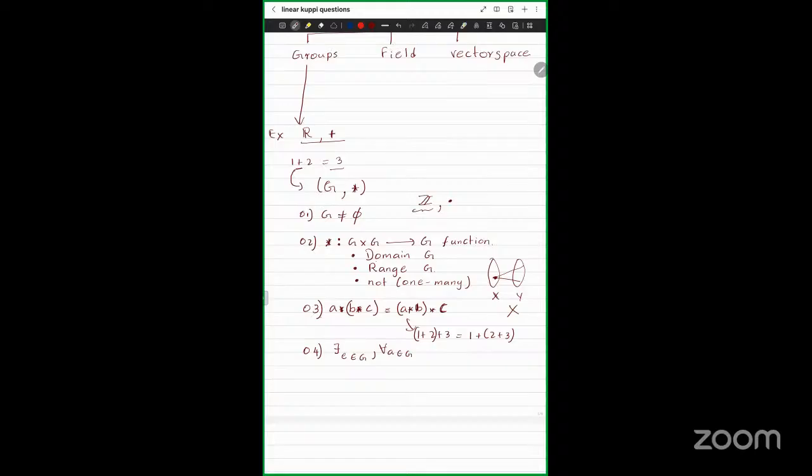One is the identity element should be in the G set, and it should be satisfied for all elements of G. The condition is A star E is equal to E star A is equal to A.